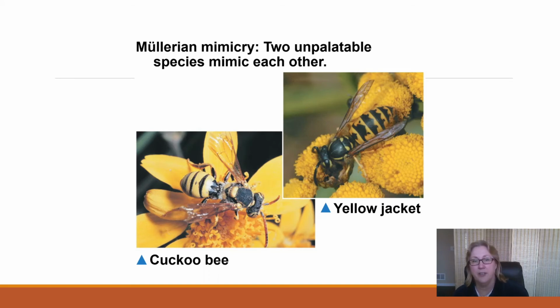Well, they benefit by training the local predators. So a bird that has a bad encounter with one species of bee or wasp is going to be hesitant about any other species that looks similar. So that's Mullerian mimicry. They both have the same defense, and they imitate each other because it helps train the local predator population to stay away from them all.